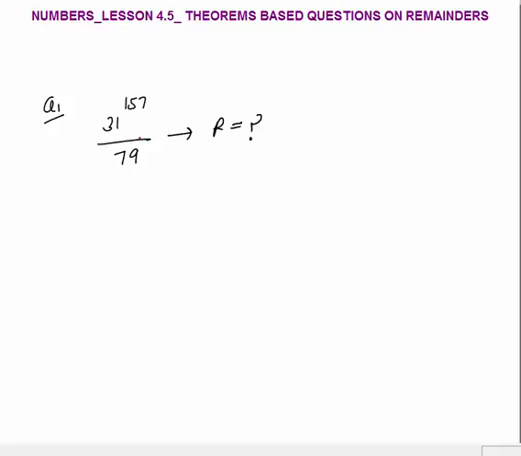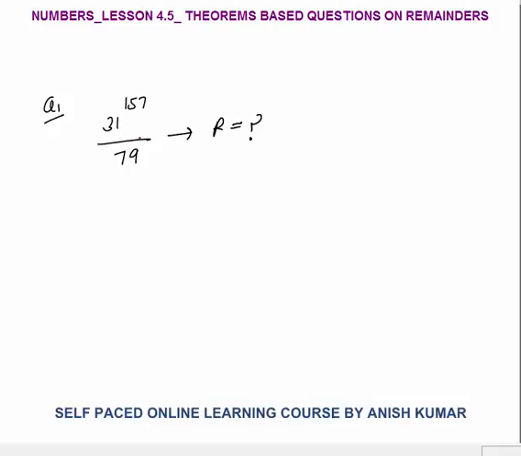Now we can't solve this question by the basic concept of replacing the number with the remainder, because it's very difficult to find some power of 79 which gives the remainder plus 1 or minus 1 with 31 power something. So we will apply the theorem that we discussed in the previous slide.